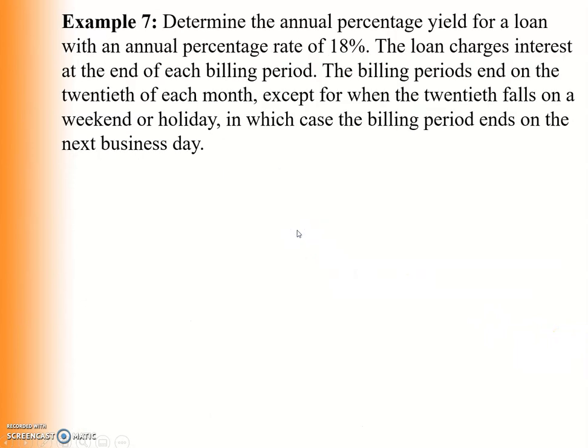Okay, so let's see one more example. In this case, we need to determine the annual percentage yield for a loan with an annual percentage rate of 18%. APR is 18%. That is the nominal interest rate. The loan charges interest at the end of each billing period.